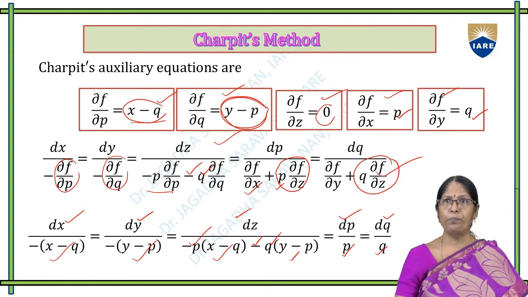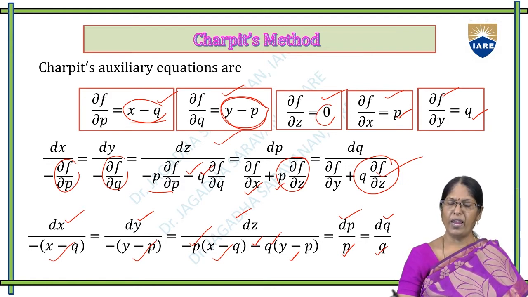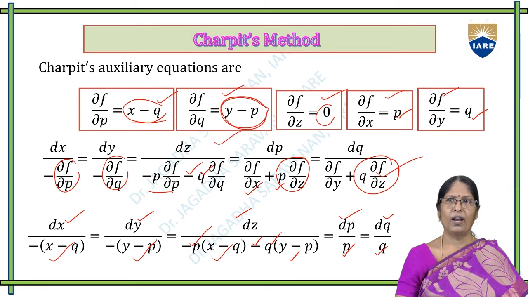Among these 5 members, we can take any member and simplify. Our main aim is to express p and q in terms of x and y. That is our goal, and towards that we are going to move.